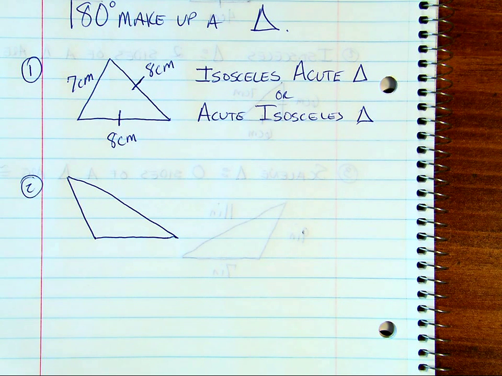Olivia, can you start us off and maybe classify that weird-looking three-sided polygon called a triangle? All right, scalene.